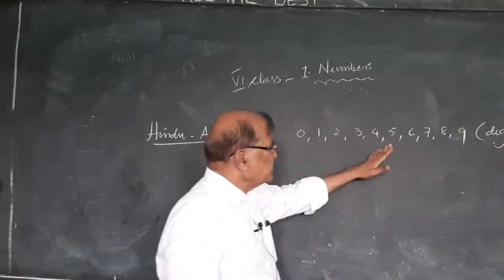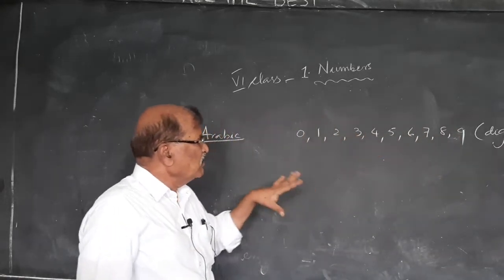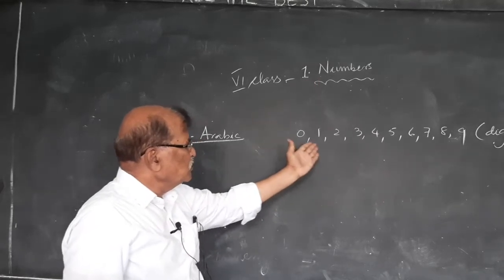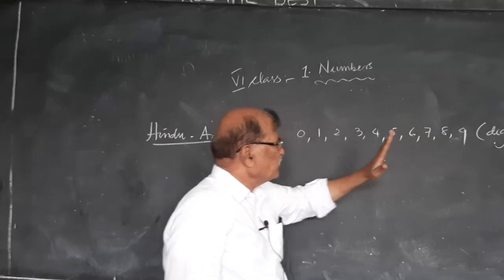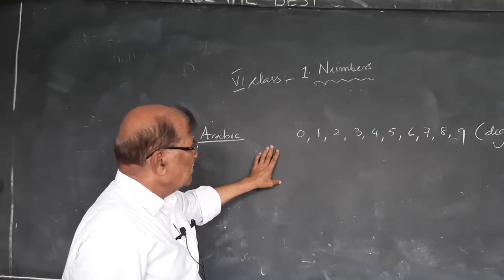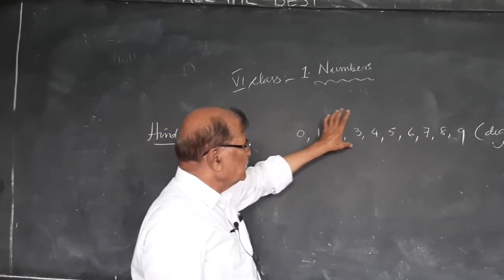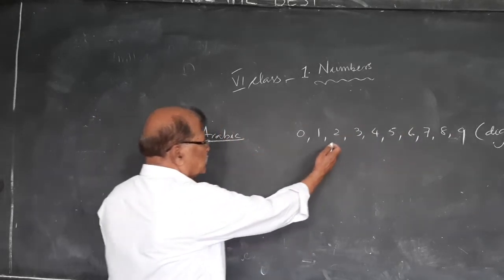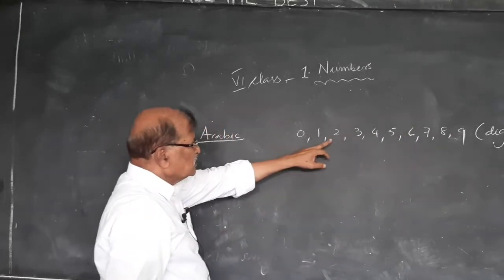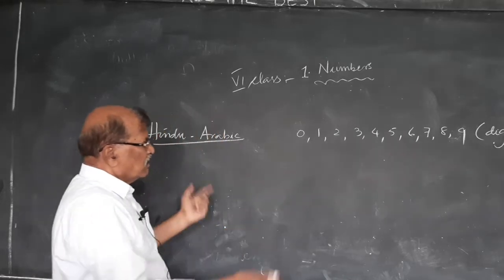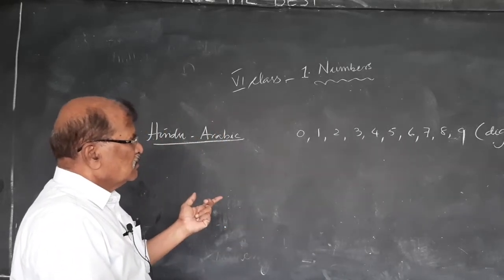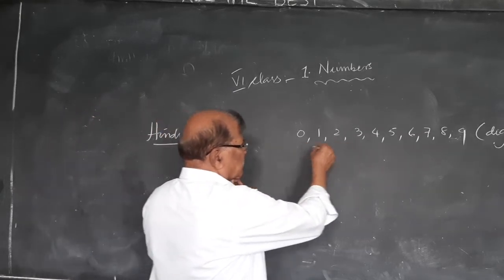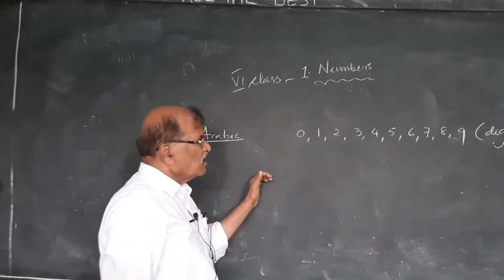Whenever we want to write any number, we use these digits only. Digits or numerals will form a number. We call these numbers natural numbers also.